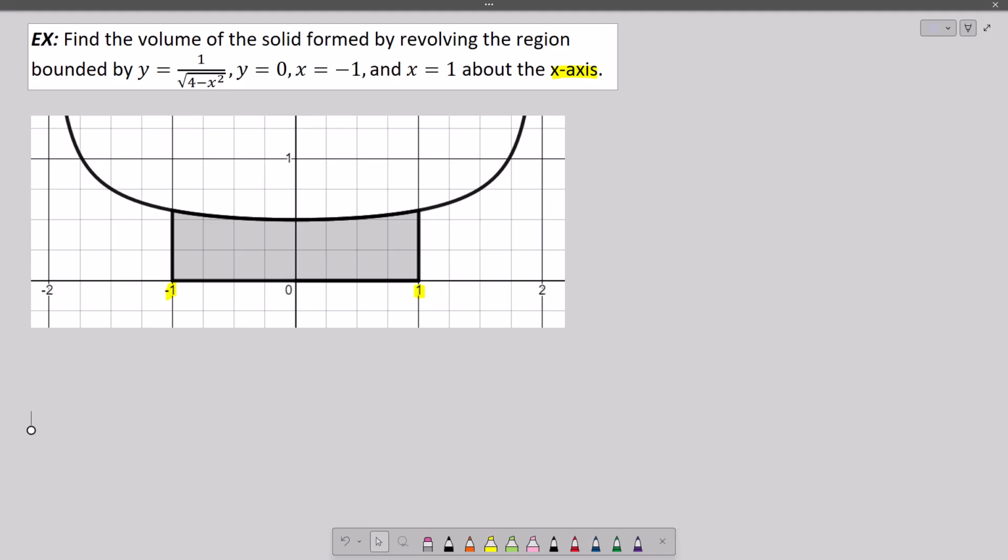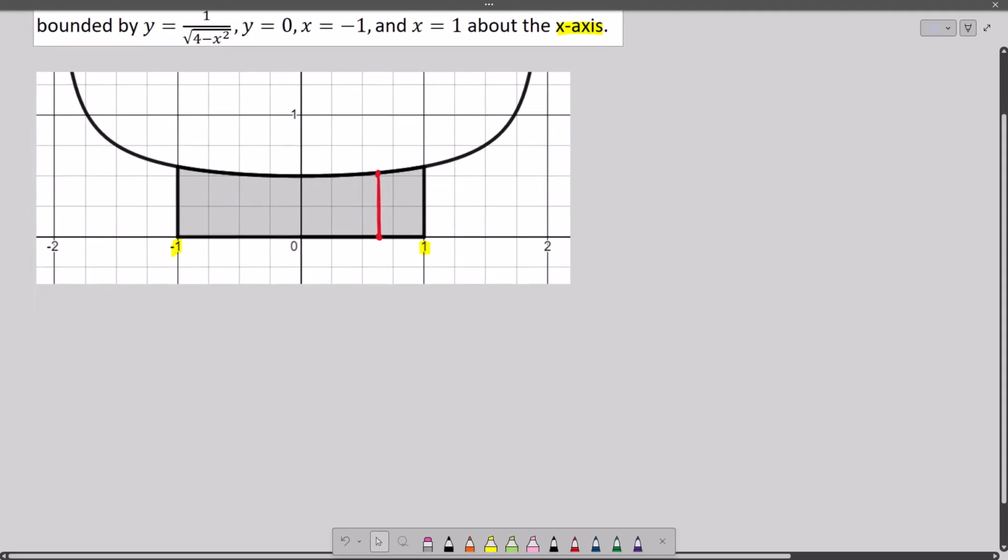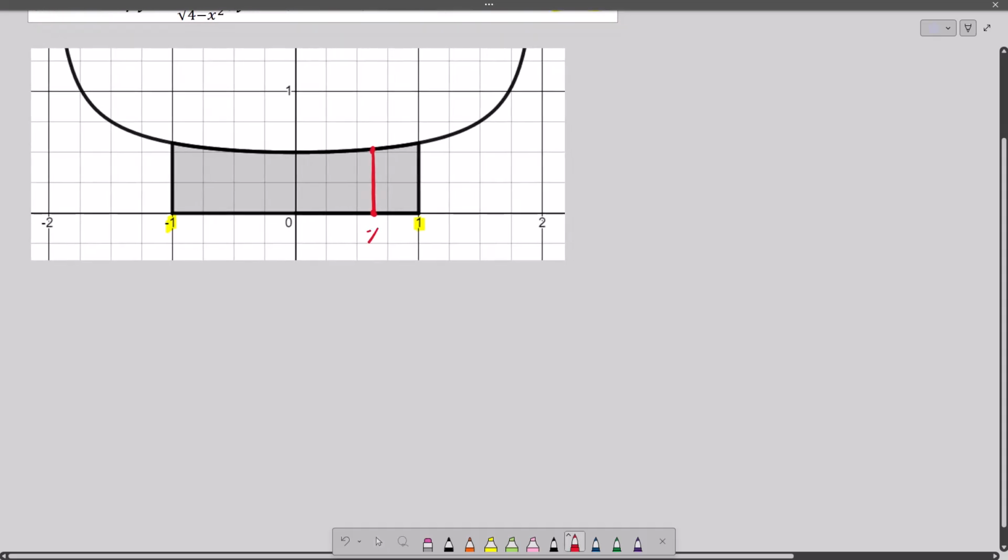Yeah. So this is rotating around the x-axis and it's touching the x-axis. So could we possibly get a washer? No, we can't get a washer because it's touching the axis of rotation. So we're going to get a disc. So we're going to take our vertical element right there, vertical element at x.